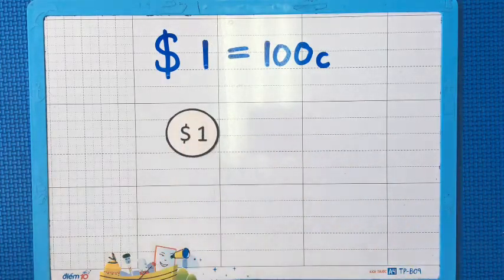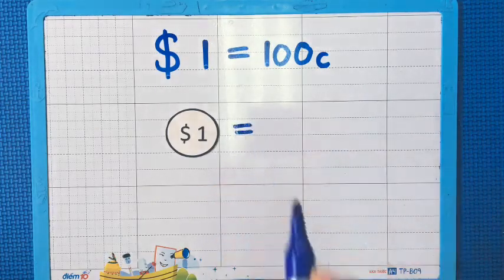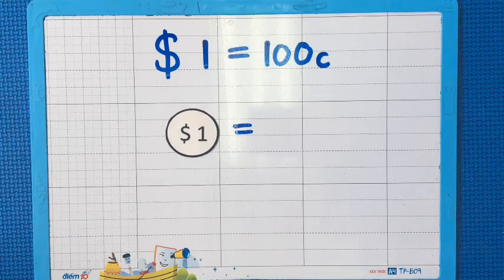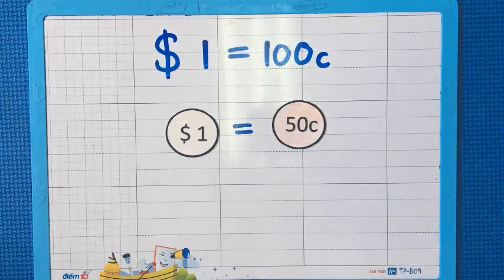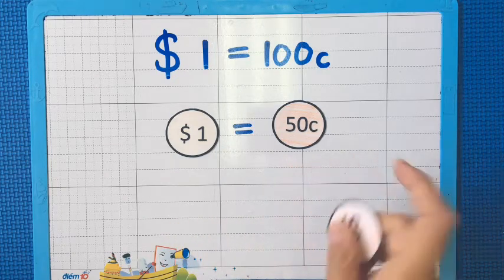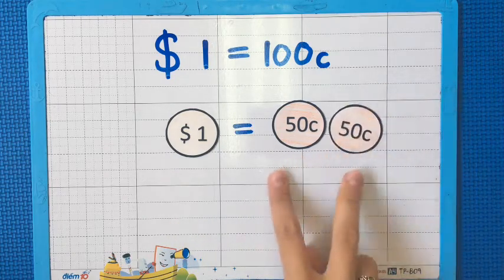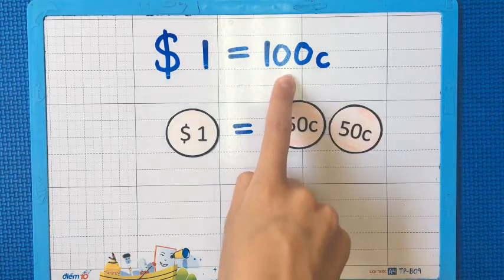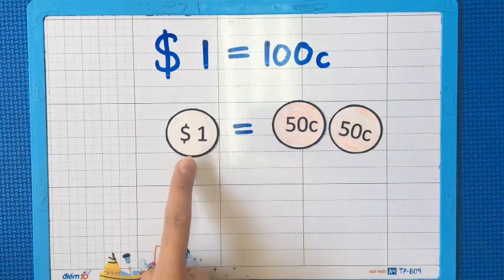Okay, so from our lesson yesterday, we had to be able to take $1 and build an amount that will equal $1. They gave us different coins that we could use. For example, a 50 cents. Then we know we still need another 50 cents to make 100 cents, so that can be equal to $1.